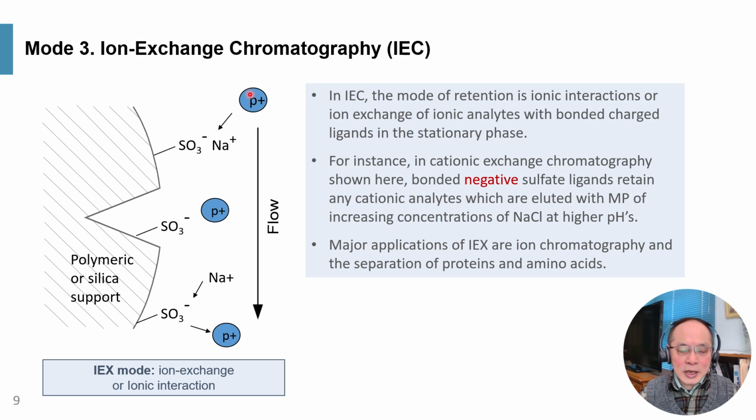And analytes in the sample, exemplified by these P plus cations, because any cationic component in the sample would exchange or interact with the sulfate anion and become ion pairs. And these are pushed out during the chromatographic process via the mobile phase pH and also the mobile phase salt content. So in ion exchange mode, the retention mode is ion exchange or ionic interaction.